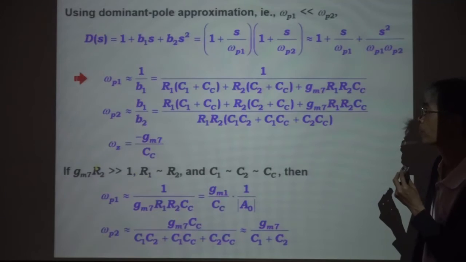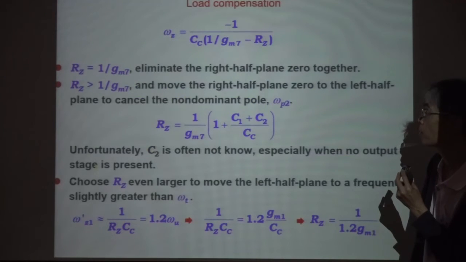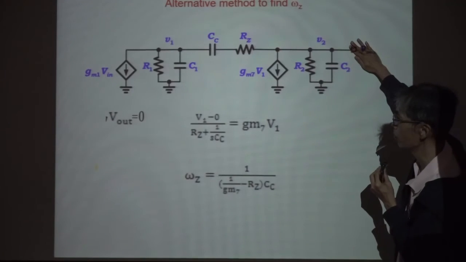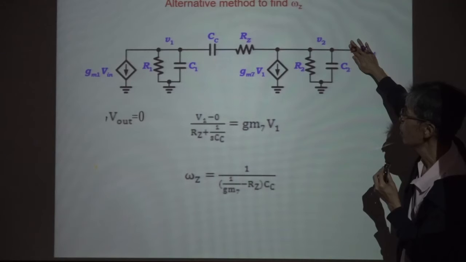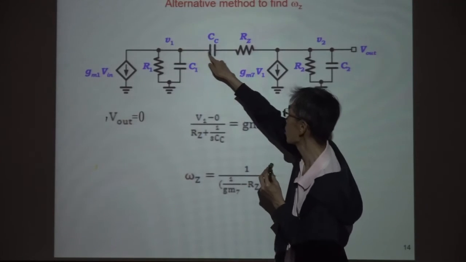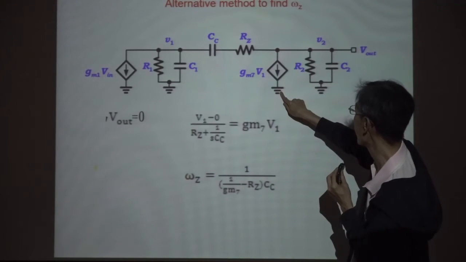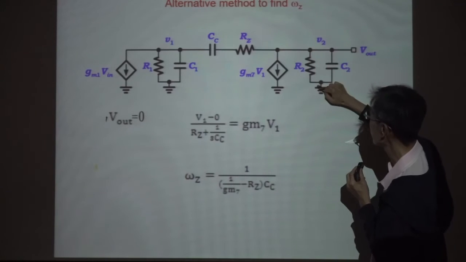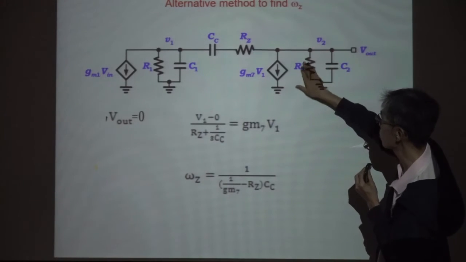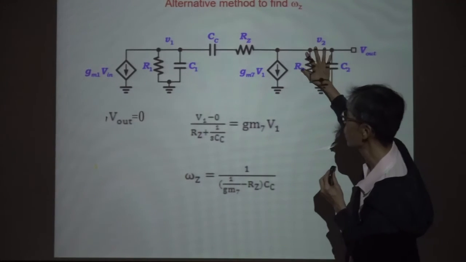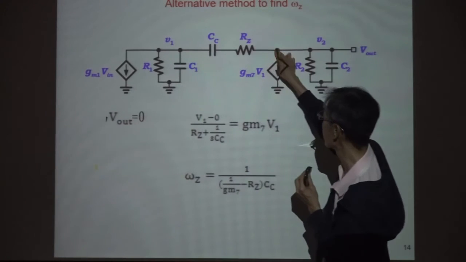Next. If V out is 0, then all the current that goes there must go out. V out is 0, so no current goes through R2 and C2, and all current goes this way.